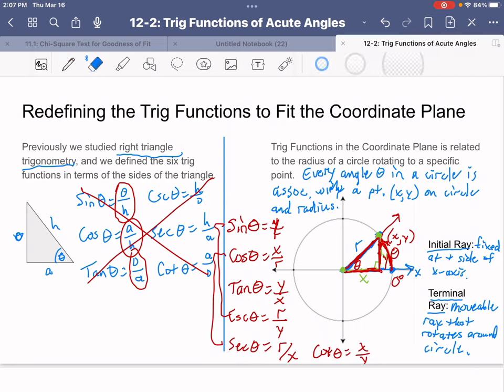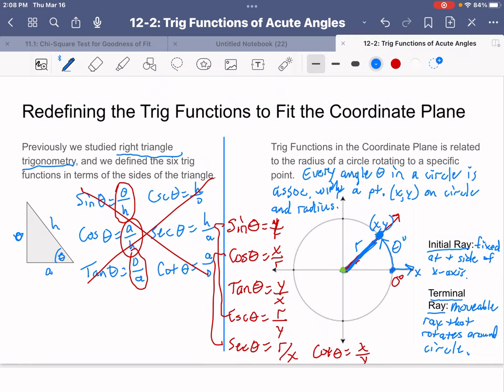So I'm going to take my eraser and fix this picture back up by erasing some stuff. Now we don't need to draw that triangle anymore. When I rotate around a circle theta degrees, I stop at a point x, y and I have a radius.